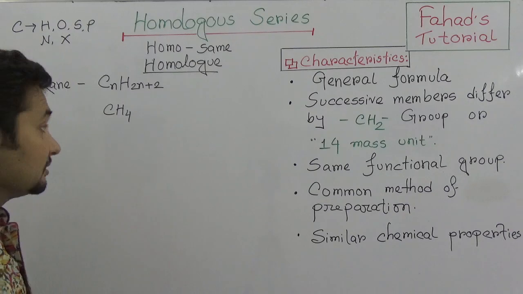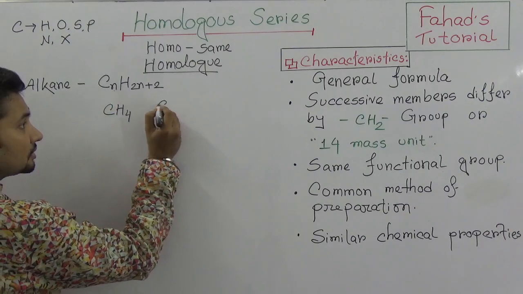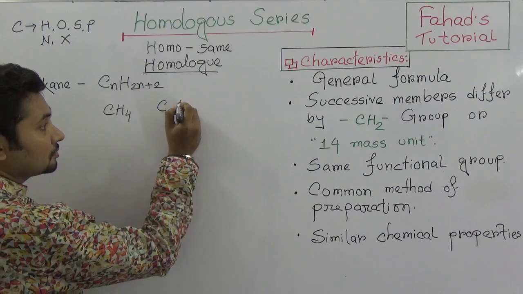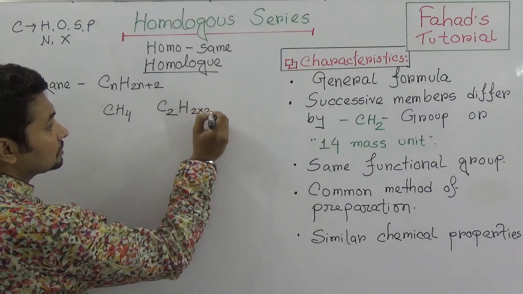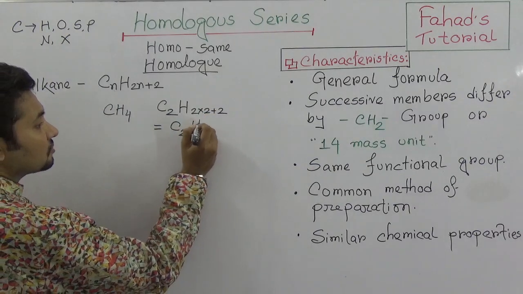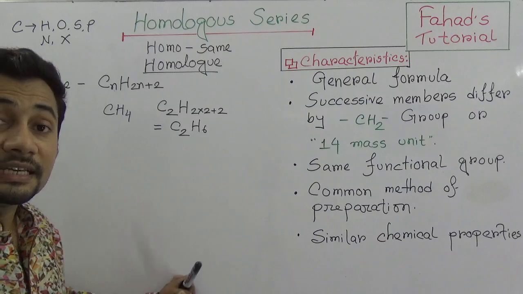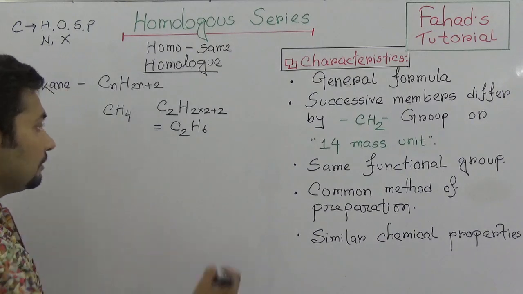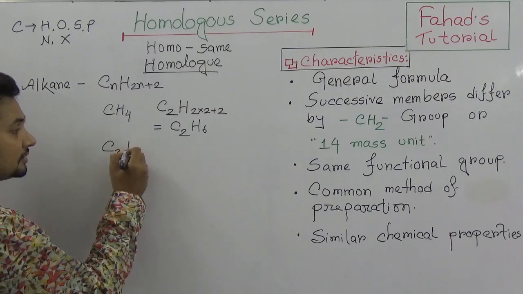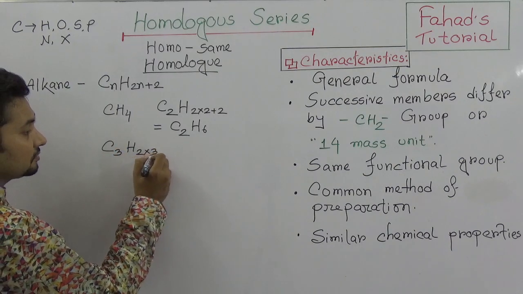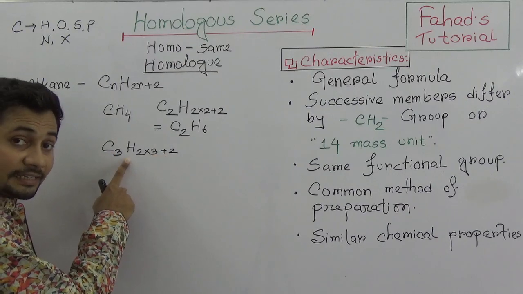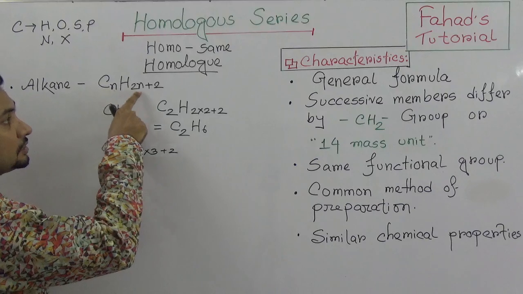If the number of carbon is 2, then hydrogen is 2 times 2 plus 2, and that is C2H6, and this is ethane. What about propane? If the number of carbon is 3, then hydrogen should be 2 times 3 plus 2, because the general formula of alkane is always CnH2n+2.